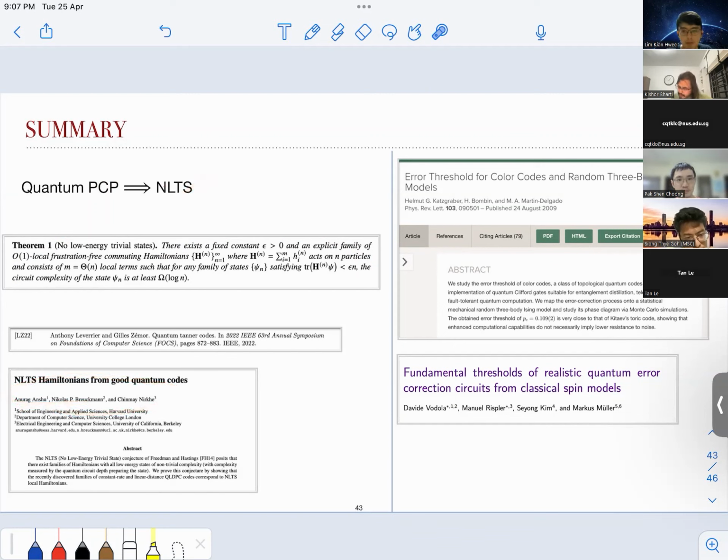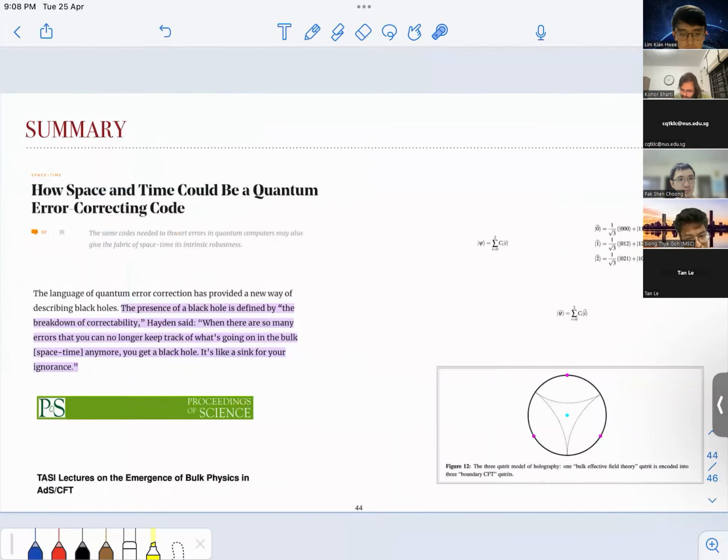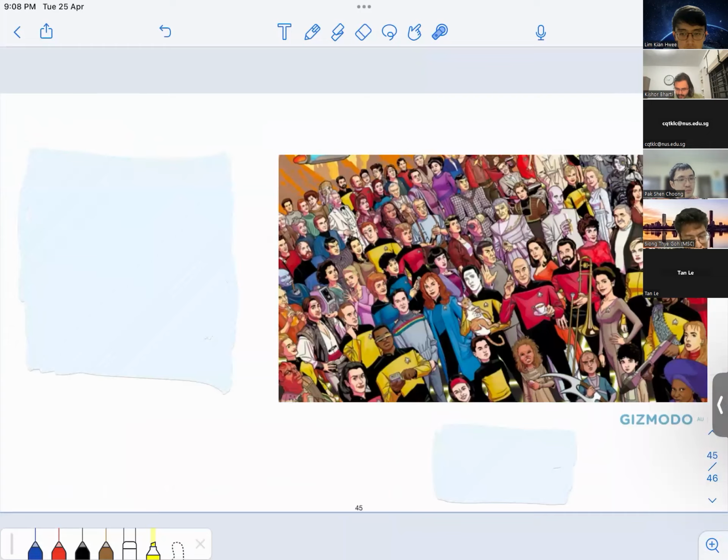There are also connections between the threshold and phase transitions of some statistical mechanical model and so on. Then we also discussed space, the relation with AdS/CFT, black holes, and the relevance and relation with quantum error correction.